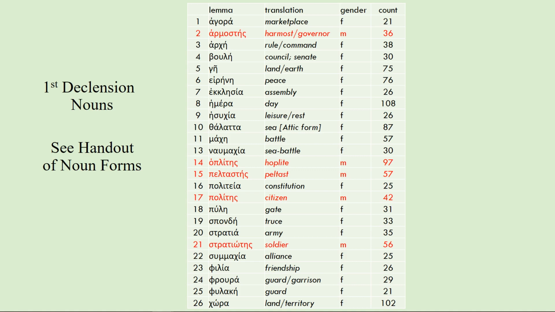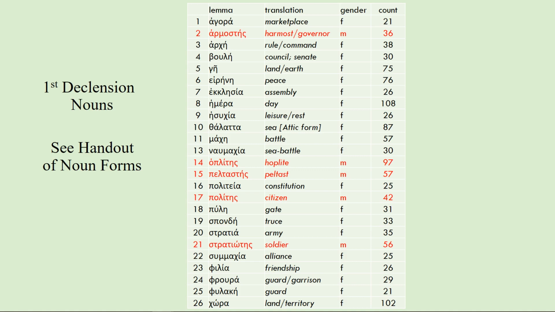Sumachia, right? We have mach meaning to fight. Sum is the preposition sun, as in symphony, and it means together. So if you are fighting together, you have an alliance, and hence the feminine abstract noun alliance. Philia, same thing. It comes from philos, meaning friend or friendly.